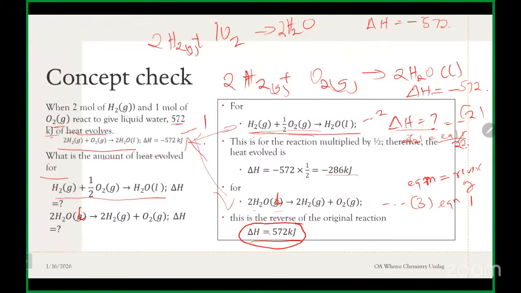Please explain the last part of the question again. Which last part? Why did I multiply the first one by half? I multiplied it by half because when I compared it with the original equation, let me see if it will allow me to expand it.